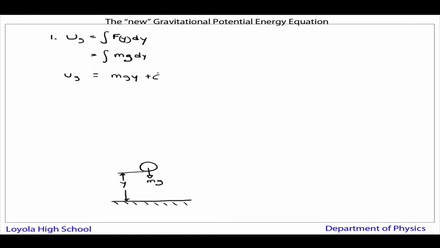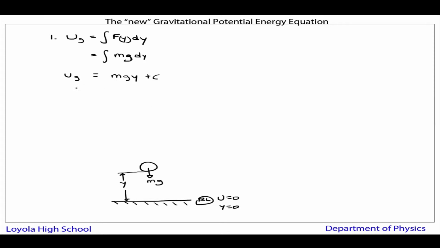So this looks like our potential energy function, but how do we find this constant? Well, this has to do with our reference line. When we do these problems, we usually say the reference line is down here at the ground level. What that really means is that potential energy is 0 when y is equal to 0. When we're not above the ground, potential energy is 0.